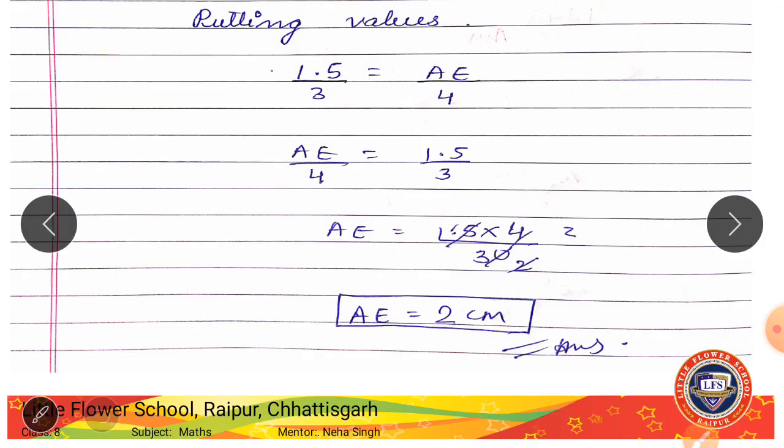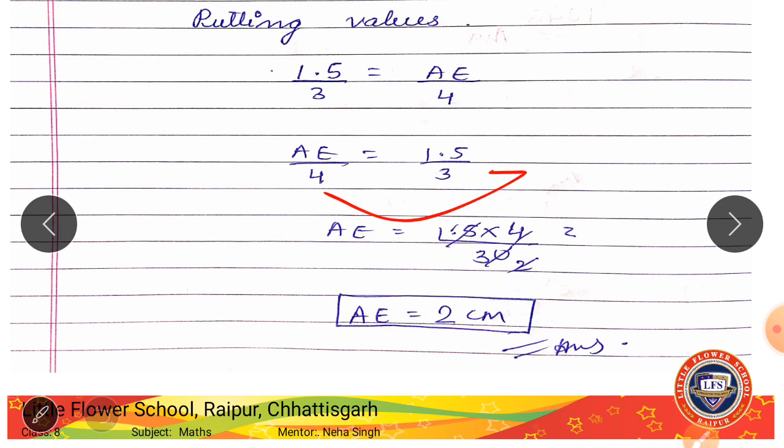Now putting the values, AD is 1.5 upon 3, DB is 3, AE we need to find, then EC, right? So putting this here and this here, converting the equation, AE equals 1.5 upon 3.